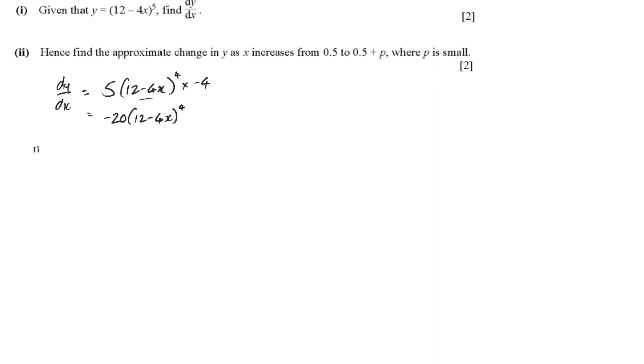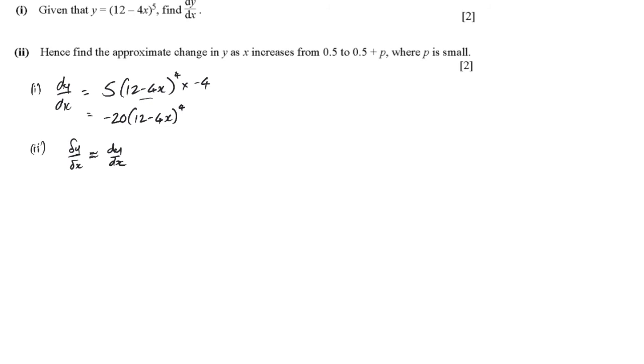Part 2 then. So this is going to be the small increments part. Hence, find an approximate change in y as x increases from 0.5 to 0.5 plus p, where p is small. Okay, so if we remember then, we have this delta y over this delta x is going to be approximately equal to dy by dx at a certain value for x.